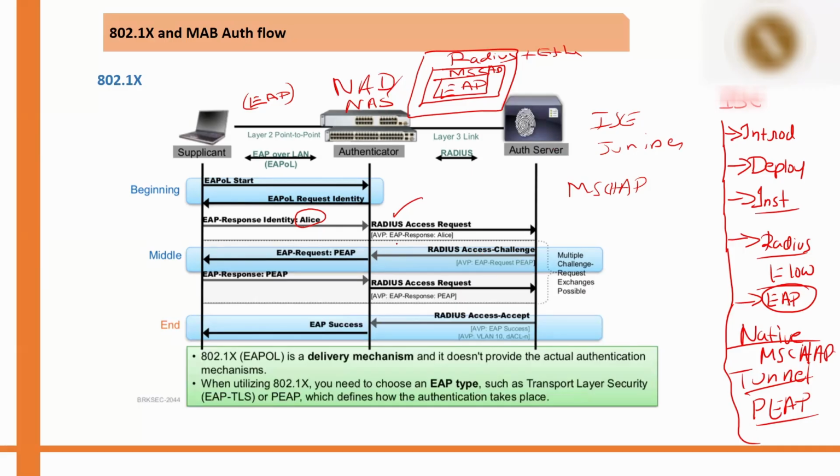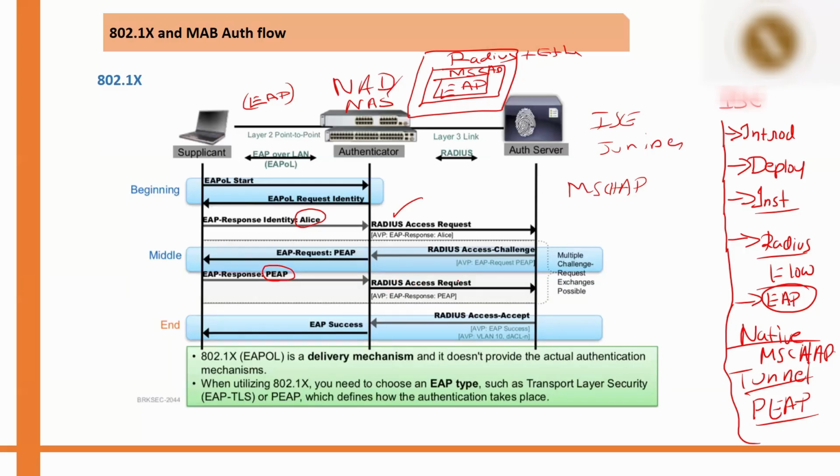So access challenge is basically it is trying to get the password. Okay, but here you can see RADIUS access challenge, EAP RADIUS request PEAP, then EAP response PEAP. Here the PEAP protocol is being used, not MS-CHAP v2 but PEAP. It's a tunneled protocol.